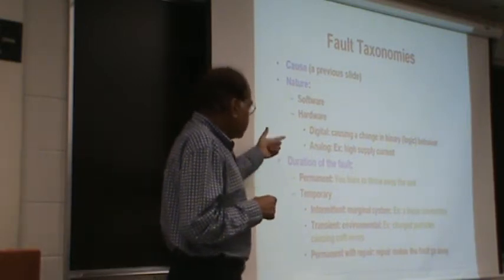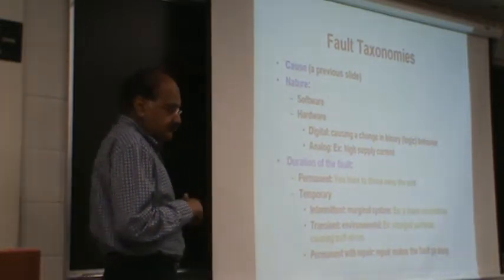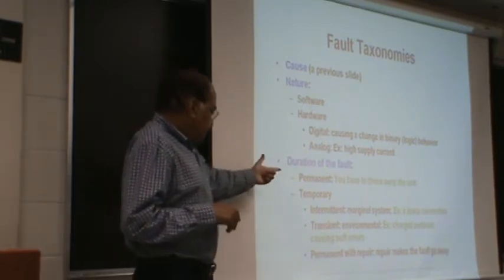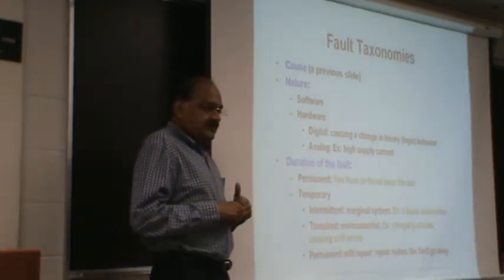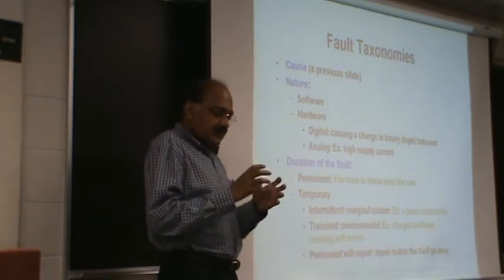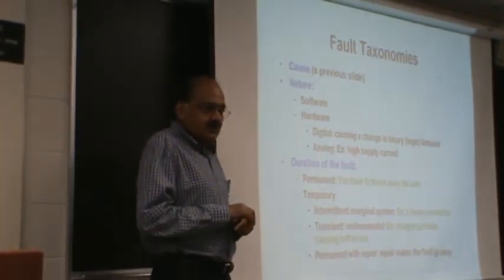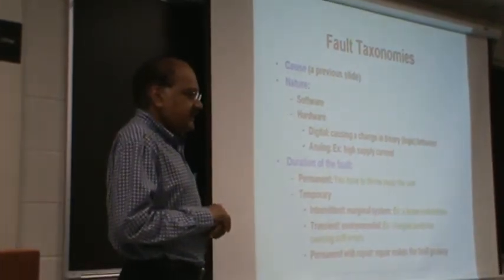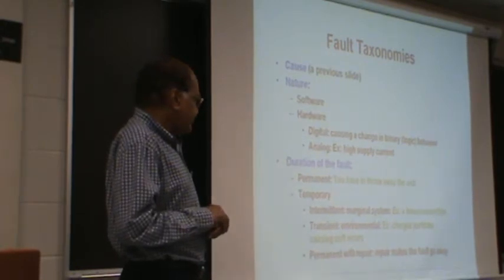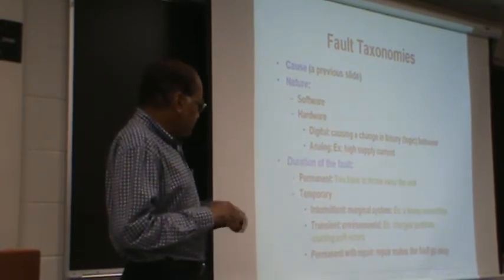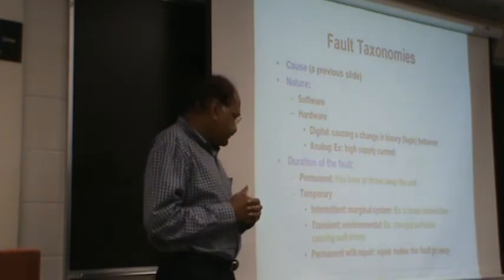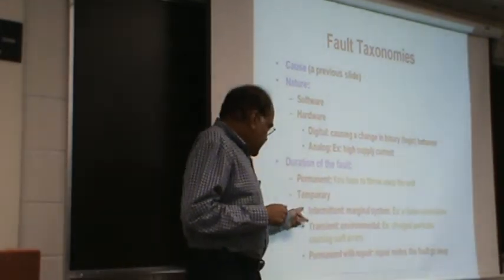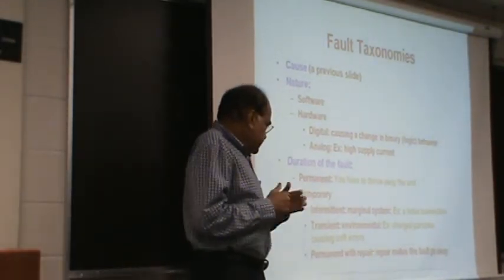Sometimes faults are characterized by duration of the fault. A fault can be permanent, and if it is a permanent fault, you basically have to throw away the unit because there's nothing you can do about it. On the other hand, the fault could be temporary. Now, intermittent and transient.